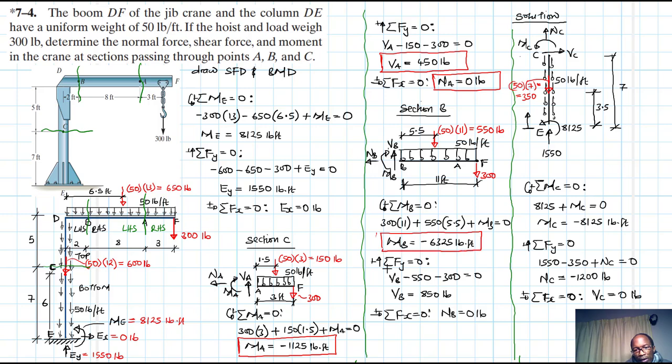For the shear, we have a positive shear of 850. And NB, we have 0. And then at section C, we have a negative moment, 8125. We have a normal force, a negative value, and then shear is equal to 0.